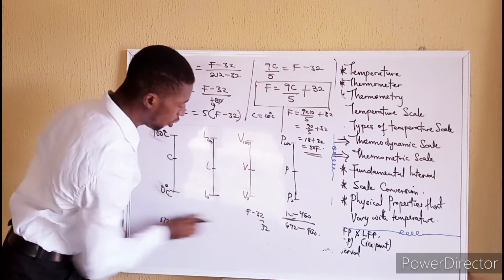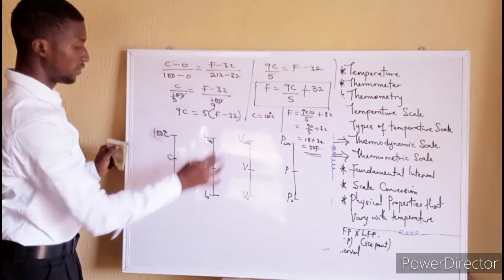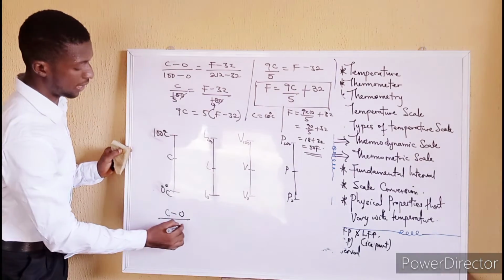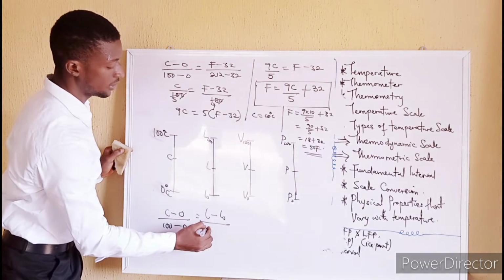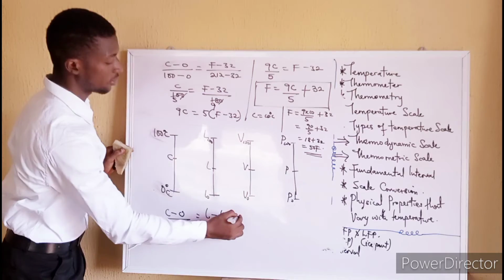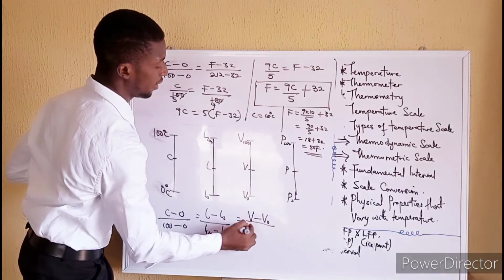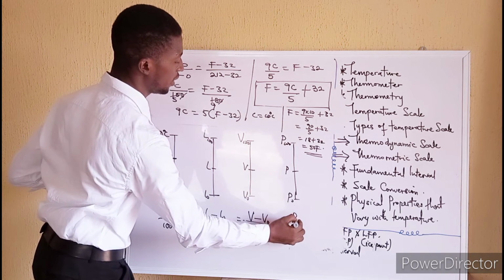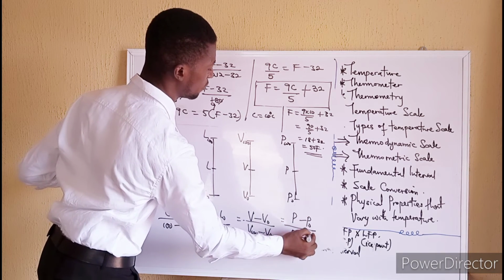So here you apply what you've done earlier in the temperature conversion to all of this, and we have C minus 0 over 100 minus 0, as well as L minus L naught over L 100 minus L naught is equal to V minus V naught over V 100 minus V naught, and here you also have P minus P naught over P 100 minus P naught.